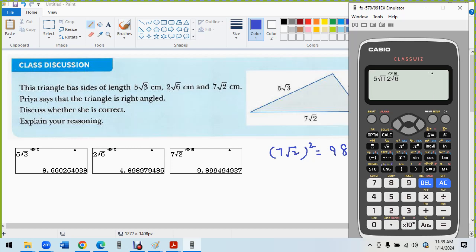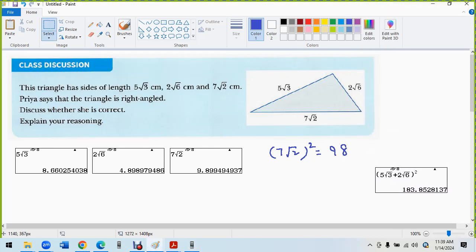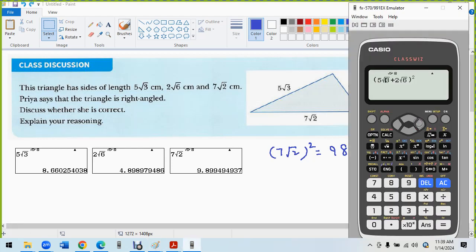And then we have the 5 square root 3 plus this one, and then we square it. So I did a mistake. Should be 5 square root 3 square plus 2 square root 6 square is 99.